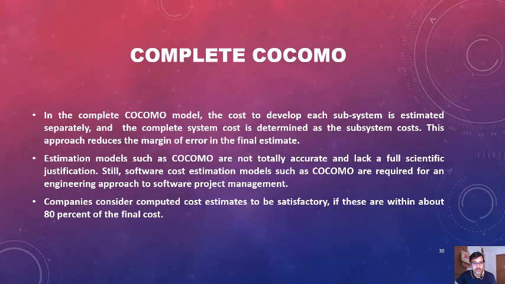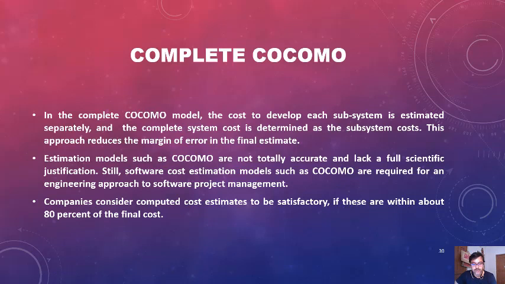So COCOMO is still not the best way to find the actual cost of a software project, but companies consider it if the estimate is within 80% of the final cost. That's why the COCOMO model is used in companies.